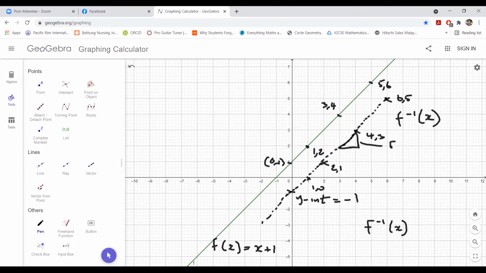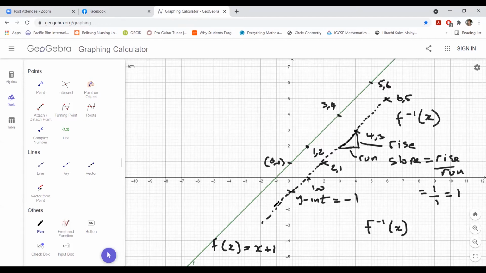This is called the rise. This bit is called the run. And your slope equals rise on run. And your rise here is 1 unit and your run is 1 unit. So 1 on 1 is 1.